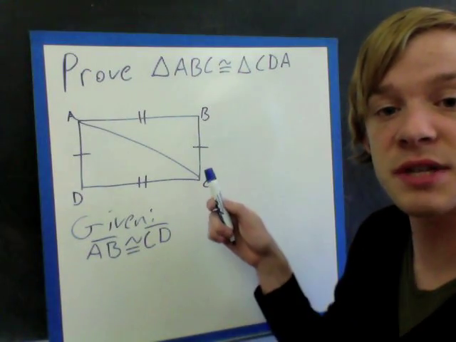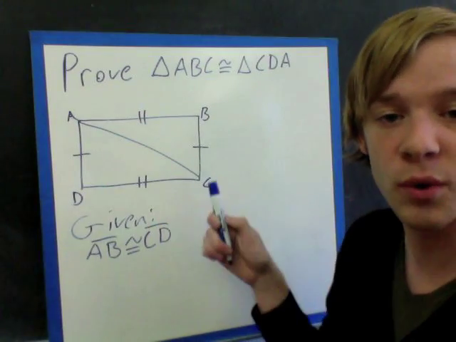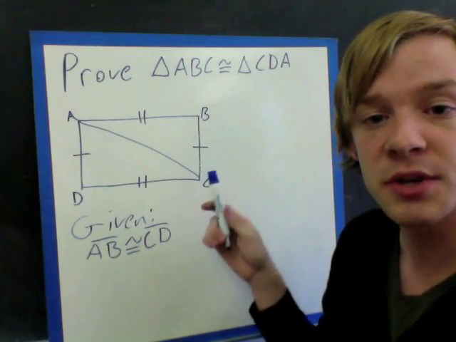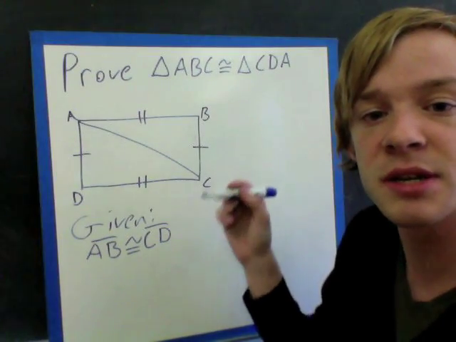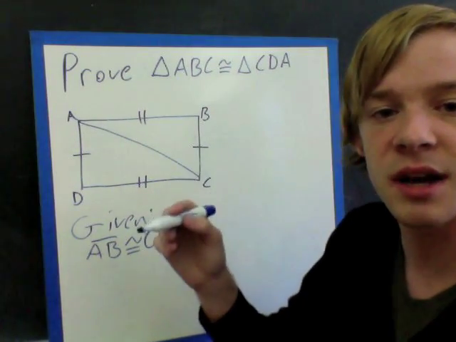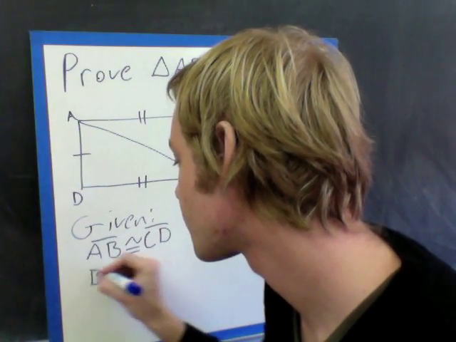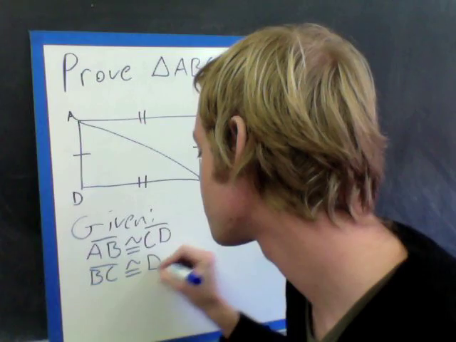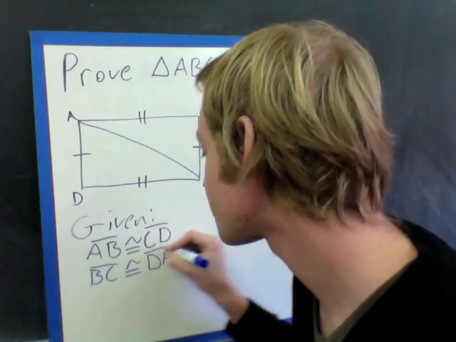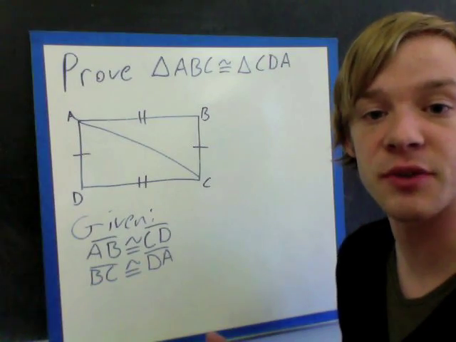Now we also see that side BC and side AD also have one dash mark each, so that means that those two sides are also congruent. So let's write side BC is congruent to side DA. So that's our second given right here.